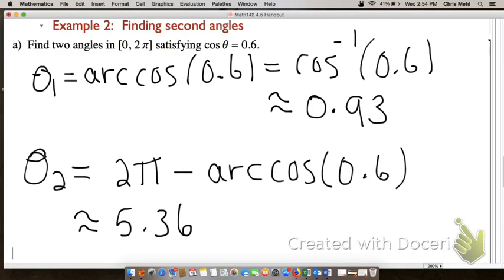But if you ever have to solve an equation involving sine, it might be the case that your first angle is negative, right? Between negative pi over 2 and 0. In that case, you would have to add 2 pi to that angle to find another coterminal angle that gives you the same value of sine.